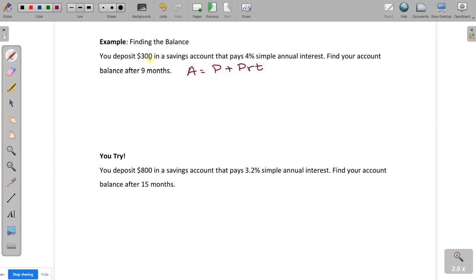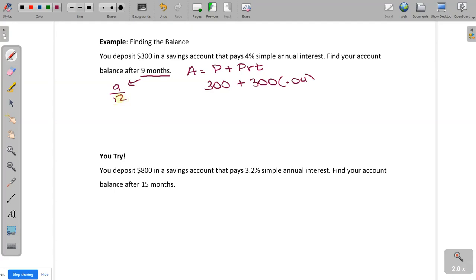So $300 is what we're starting with. That's our principal. We're going to do 300 plus 300 times our rate. Our rate is 4%. So 0.04 times our time. We have 9 months. We have to change that. That's going to be 9 over 12.